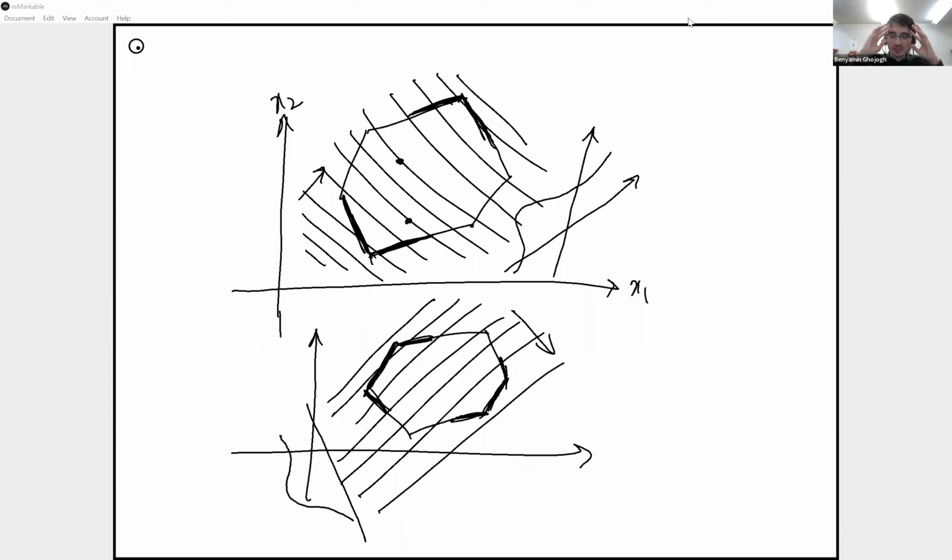To understand it, you need to only imagine. Assume there is a plane, and you have a polyhedron, and this plane is cutting this polyhedron. So the function value is going up. For example, the objective is going up.